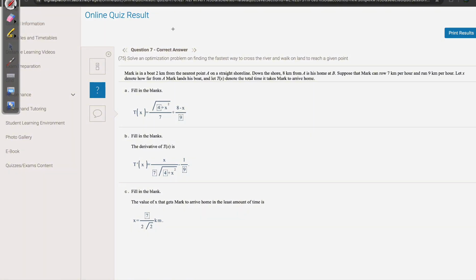First, let's draw the figure. So, M is Mark. Here is A, where the nearest point is. Look, the nearest point is always perpendicular to the horizontal line, which is MA in this case.